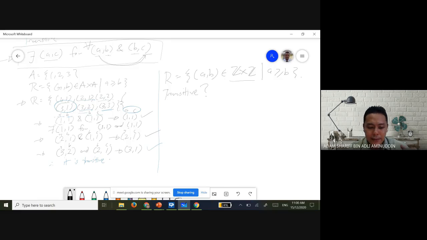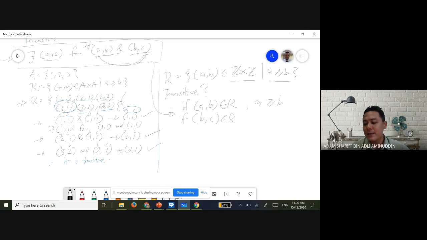According to the definition of transitive, it must state that AC exists for AB and BC. Cuba tengok macam mana saya nak bawa pemikiran ni ke sini. If AB is inside R, maka A larger than B berdasarkan relation ini. I must try to find BC.